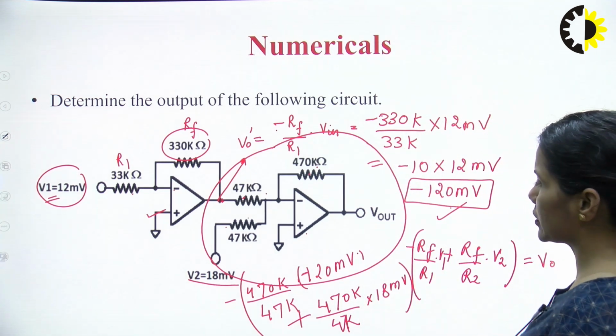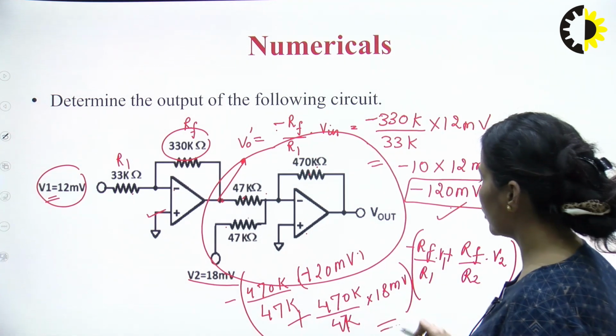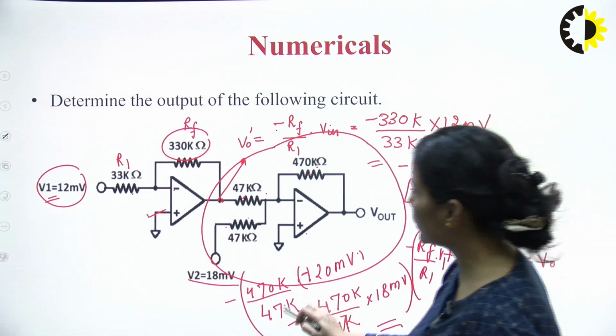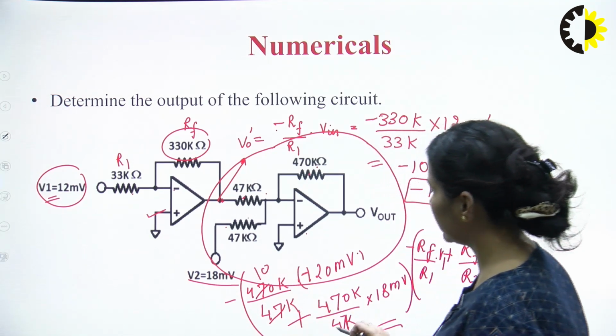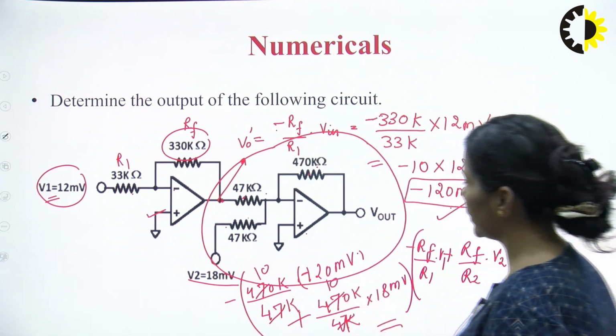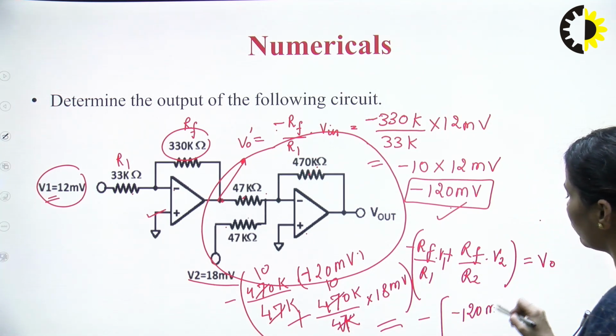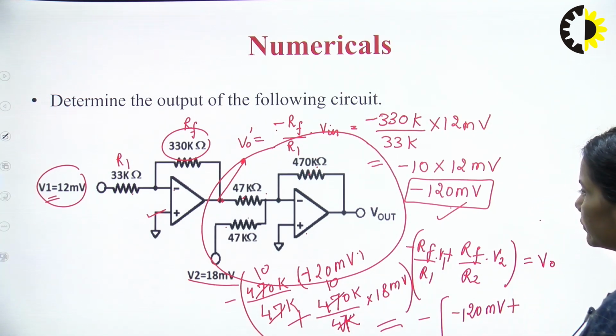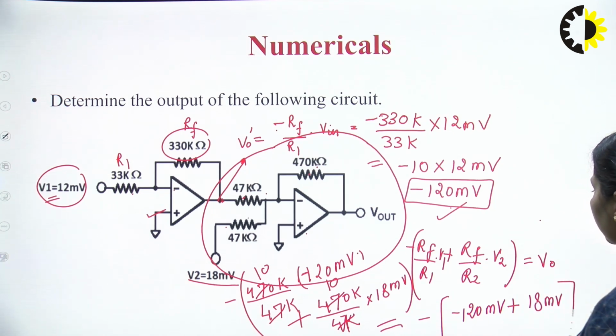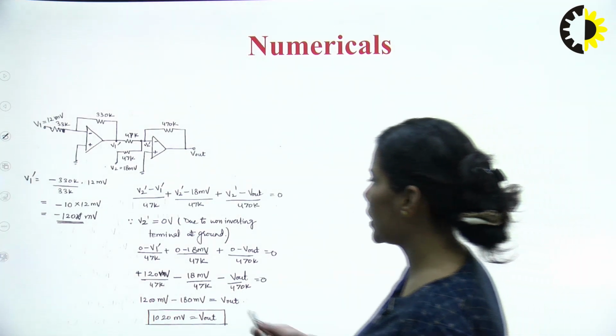In this way the expression is there, and solving this expression what will you get? This will be cancelled, you will get 10 here, this will be cancelled, you will get 10 here again. So minus of minus 120 millivolts plus 18 millivolts, this is your answer.